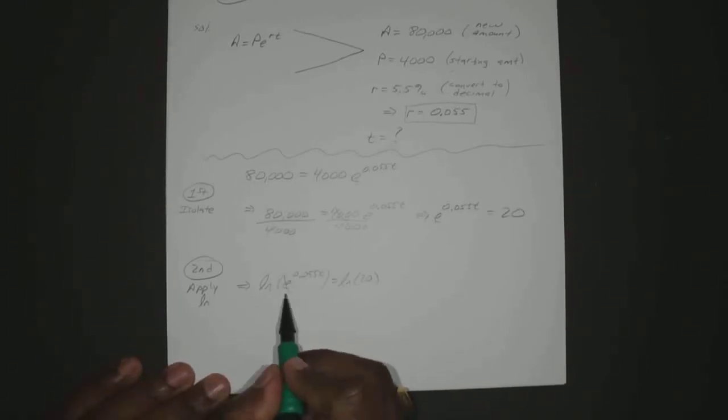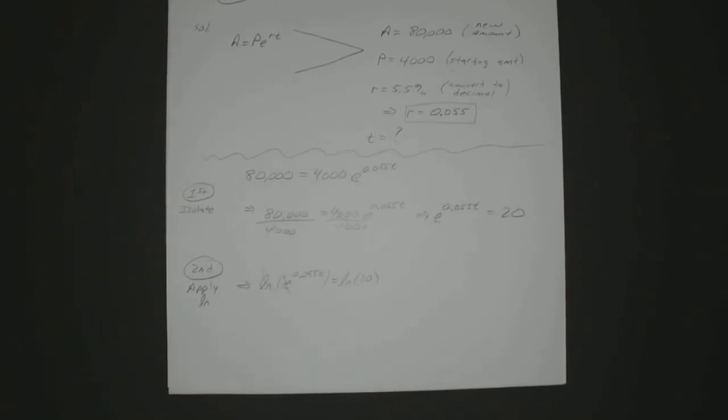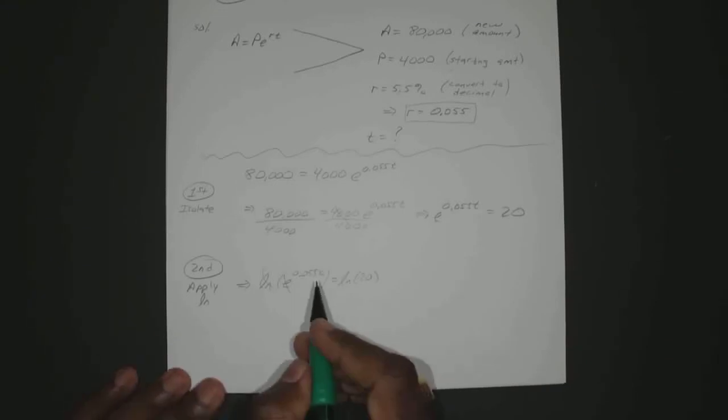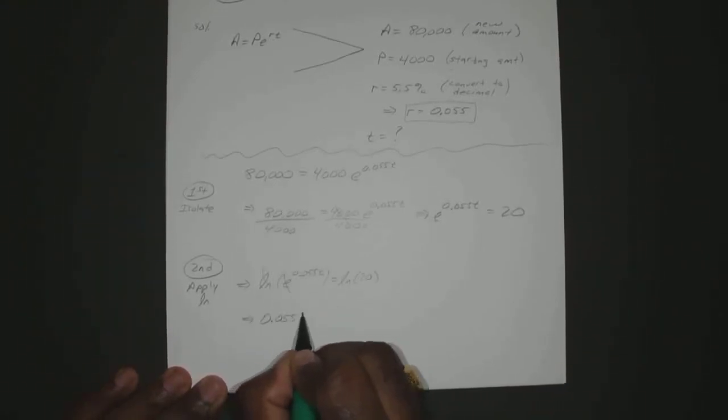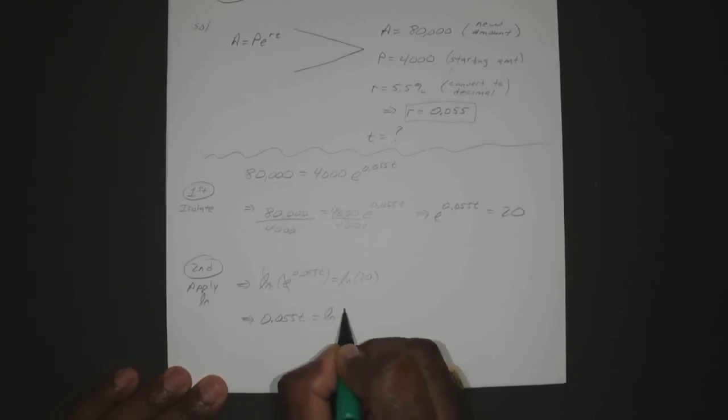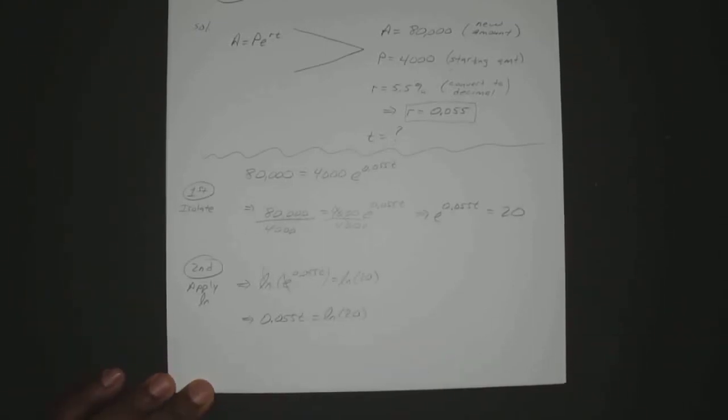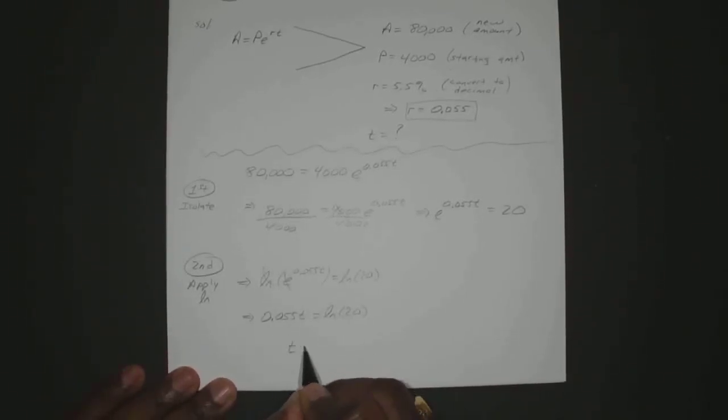Our e and natural log cancel each other out. So that leaves us with 0.055t equals natural log of 20. Then we divide both sides by 0.055.